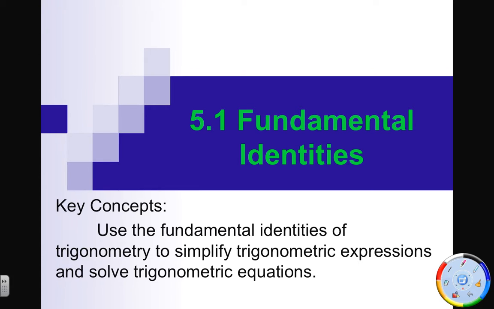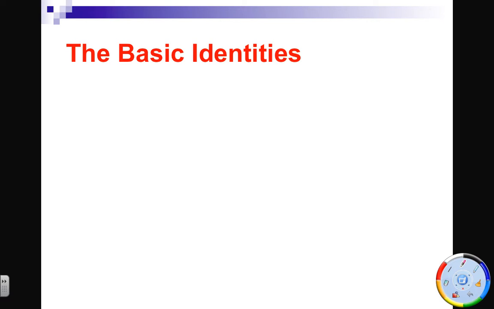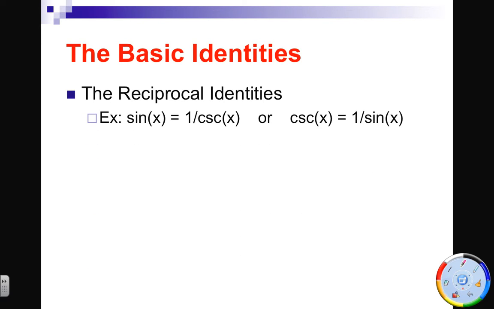These are our fundamental identities. The first couple are basic ones we actually kind of know already. The first is the reciprocal identities. For example, sine is 1 over cosecant, or cosecant is 1 over sine. That goes along with cosine being compared to secant and tangent being compared to cotangent.